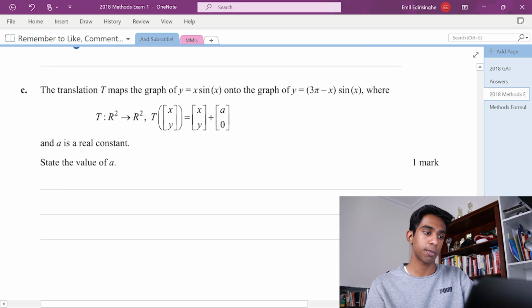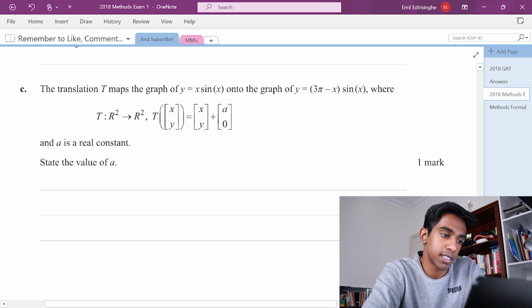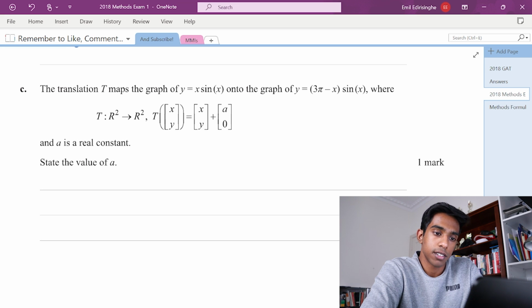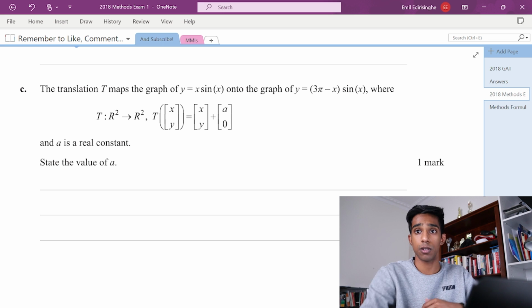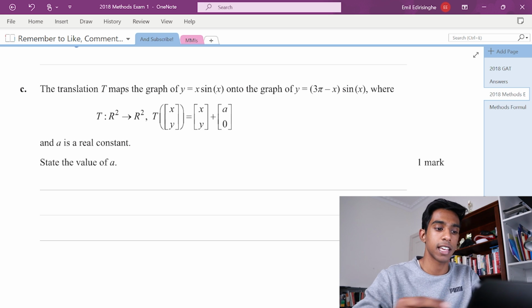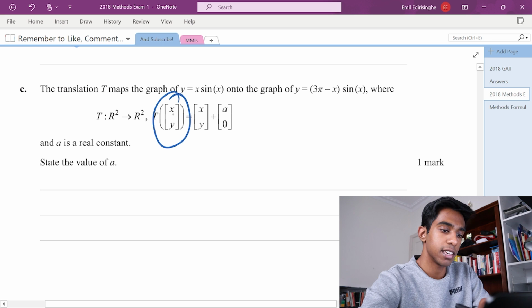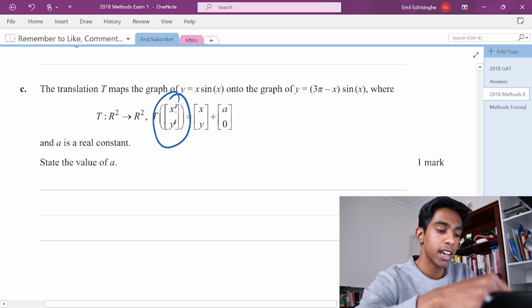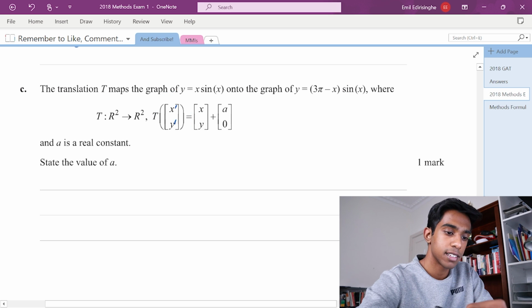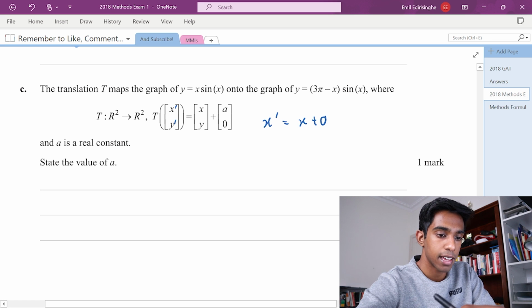Okay, next part asks us to think about translation. So the translation t maps the graph of that onto 3 pi minus x sine of x. We've got the translation. Okay, so the way I like to think of these translations is that this thing inside here is going to be x dash and y dash. So then we get x dash is equal to x plus a.